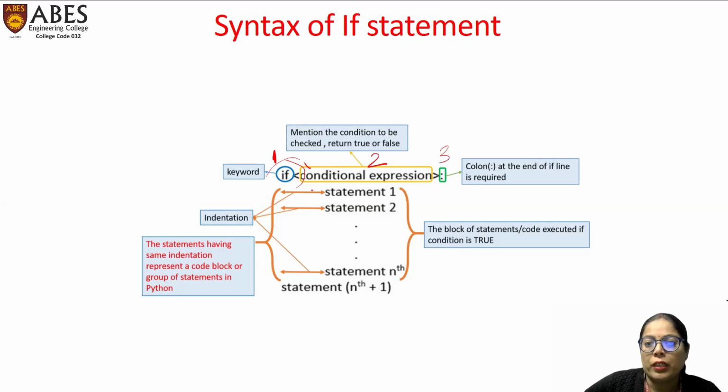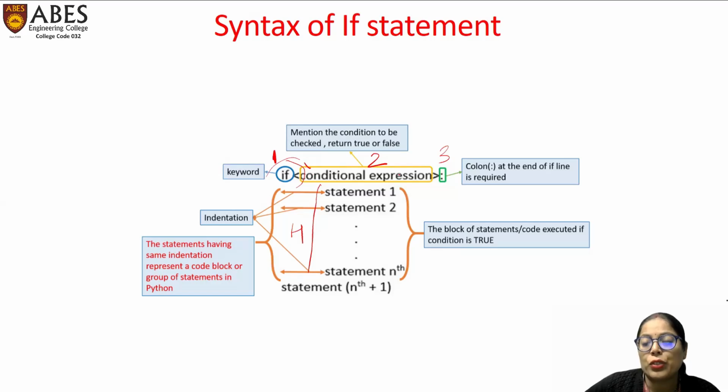After that, we write the statement which needs to be executed if the condition is true. And the next point you should know is that you must follow the indentation. You must have studied this in previous sessions also. So there are 4 things which you should know while writing if statement. That is, you will use the if keyword. Then within the bracket, you will write the conditional expression.